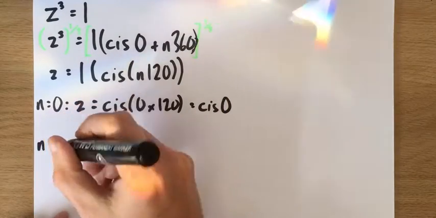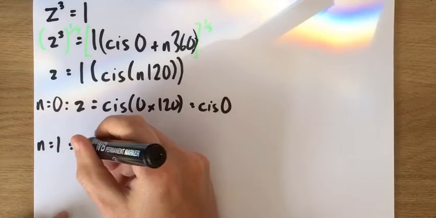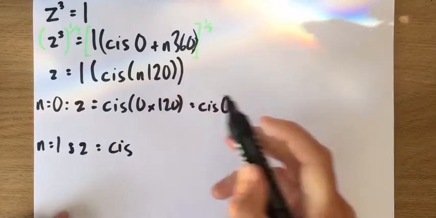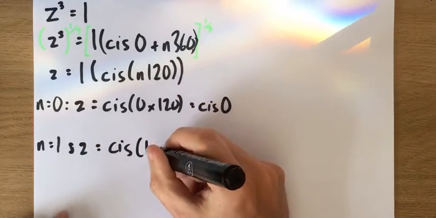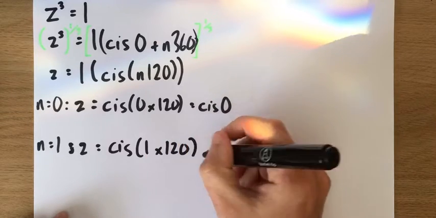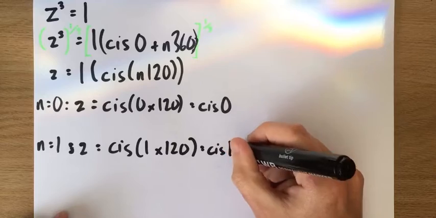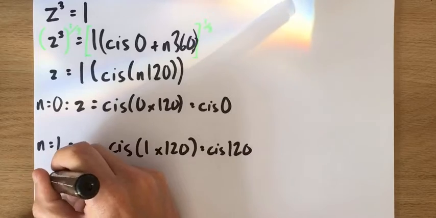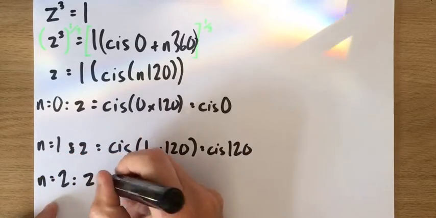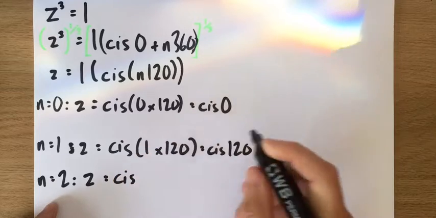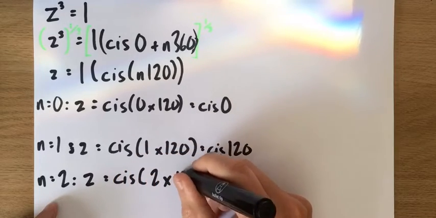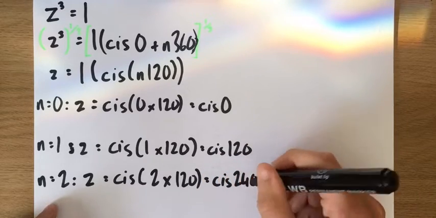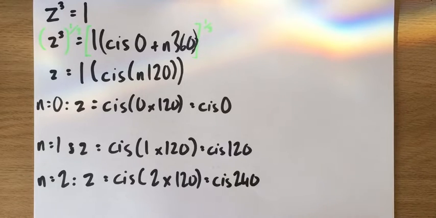If you sub 1 in, you're going to get z is equal to the cis of 1 times 120, which is just the cis of 120. And if you sub 2 in, you're going to get z is equal to the cis of 2 times 120, which is the cis of 240. All right, so there's your 3 solutions.